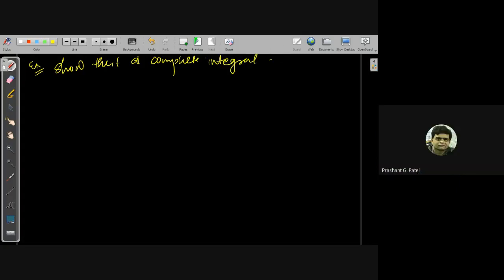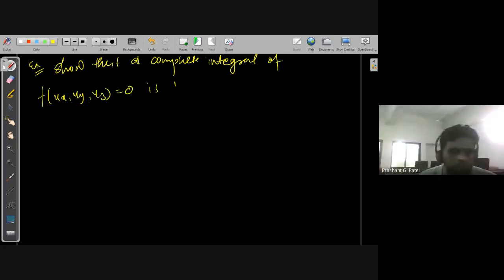So that a complete integral of the function f of ux, uy, uz is equal to 0 is u equal to ax plus by plus cz plus d, where f of a, b, c is 0.